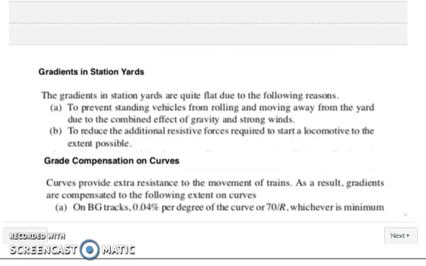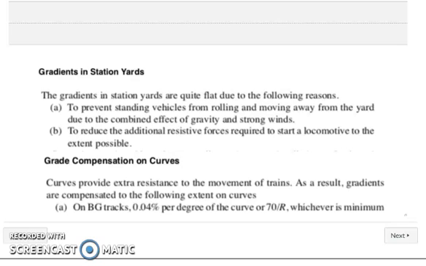Then we have the last one, gradients in station yards. We have to take note that the gradients in station yards are flat. If you observe the gradient on the station yard, they are flat. Number 1, because they want to prevent standing vehicles from rolling and moving away from the yard.